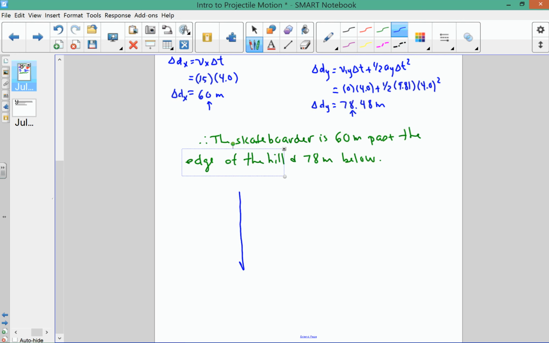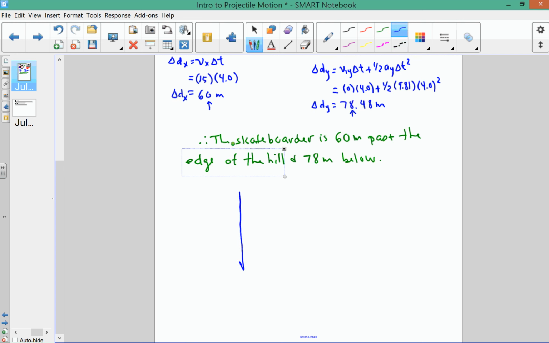So that means his overall displacement will be this vector right here. And of course, if it's a vector, we need to describe its orientation as well, so that's theta. So now, just like any other displacement problem, I want to figure out what is the magnitude of the displacement. Okay, so I'm going to have to take the square root of everything.